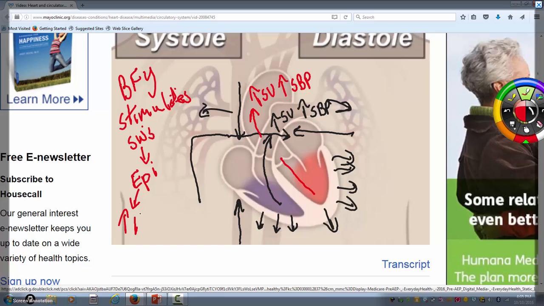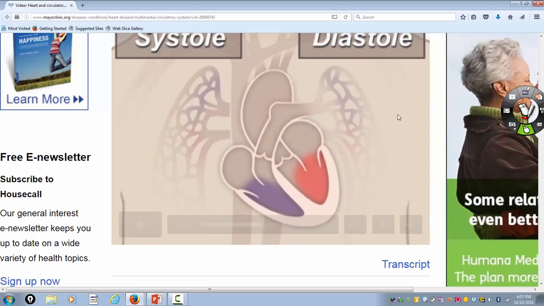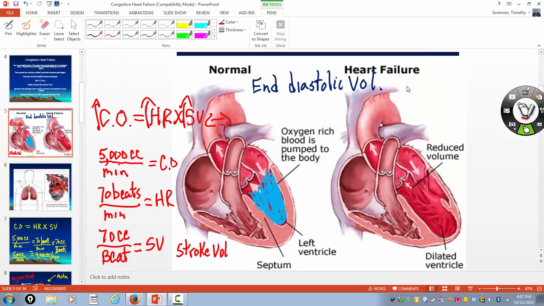So you get the combination of the increase in heart rate and you get the increased force of contraction because you're adding more blood back to it, so you're stretching it. So this is how we increase our cardiac output when we are exercising. Yay! So let's go back. Let's go back. So that's cardiac output.